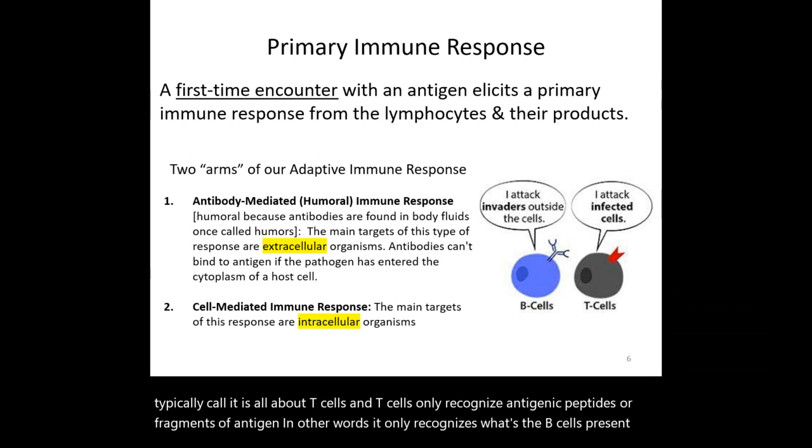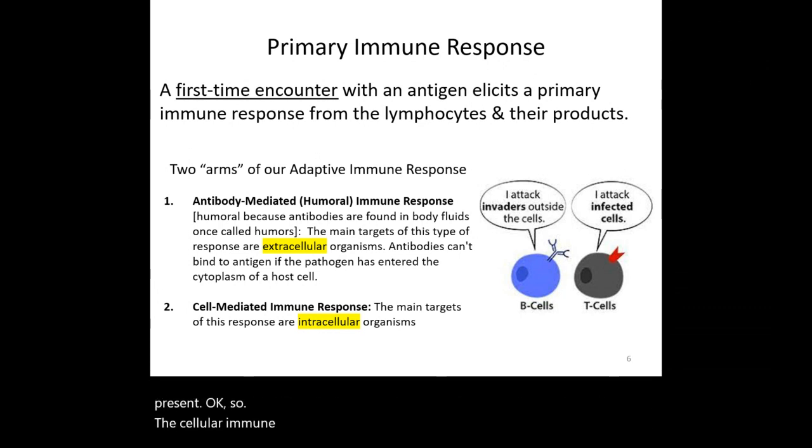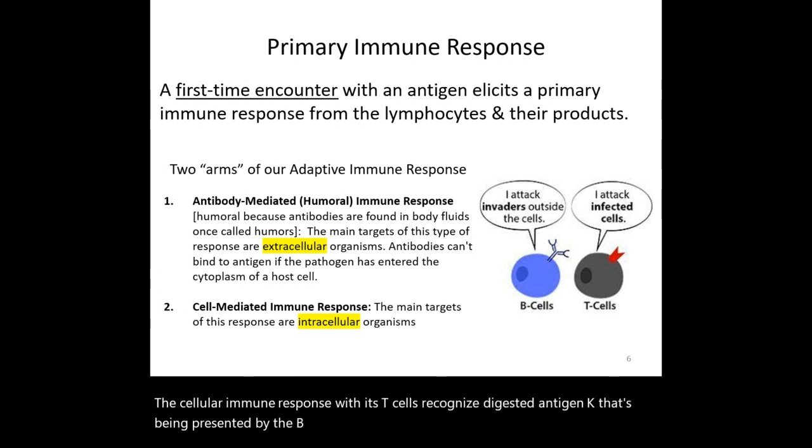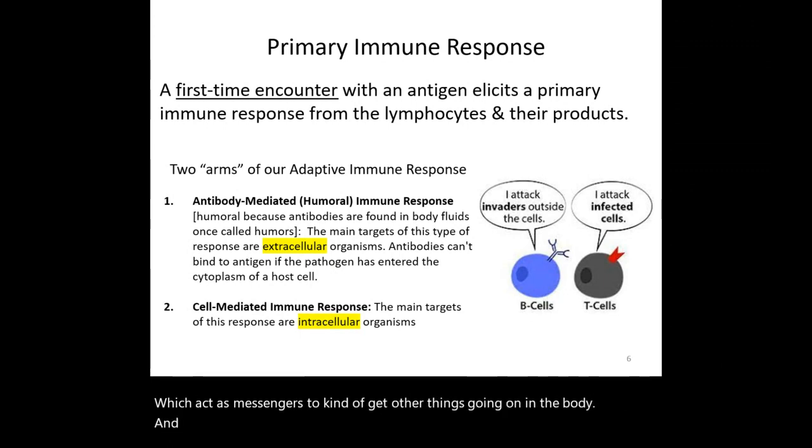So the cellular immune response with its T cells recognizes digested antigen that's being presented by the B cells. And they release molecules called cytokines, which act as messengers to get other things going on in the body. That's the end goal of this cellular response, to release cytokines.